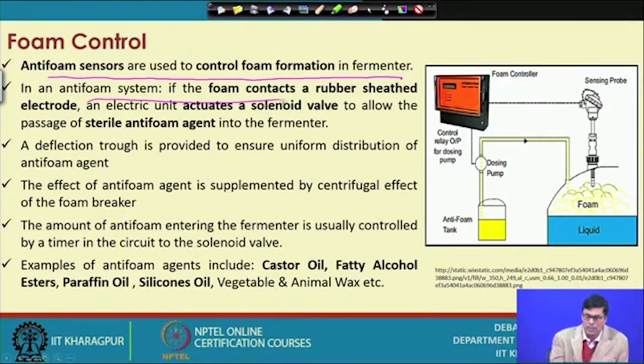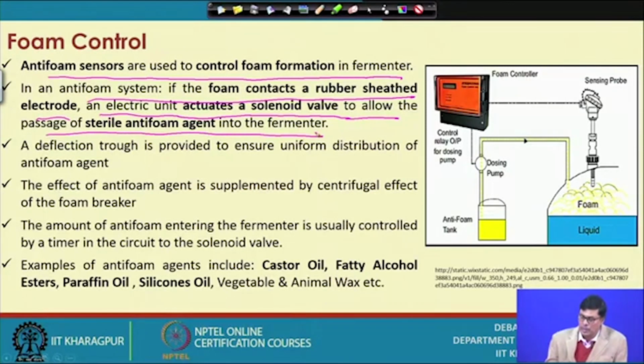The anti-foam system is foam contact in the rubber sheath, electrode, and electric circuit actuated solenoid valve to allow the passage of sterile anti-foam agent into the reactor. So what is a solenoid valve? A solenoid valve is an electrically controlled valve.